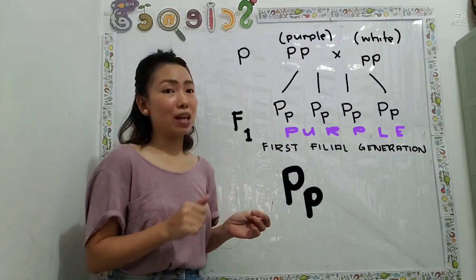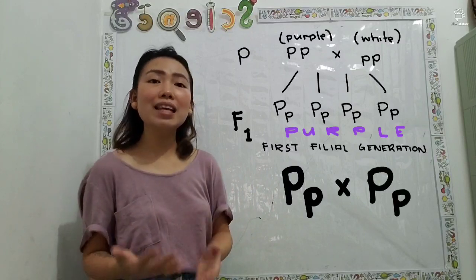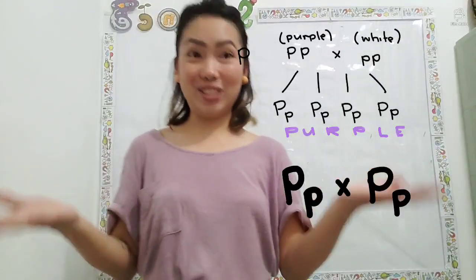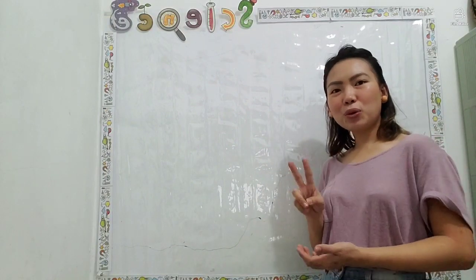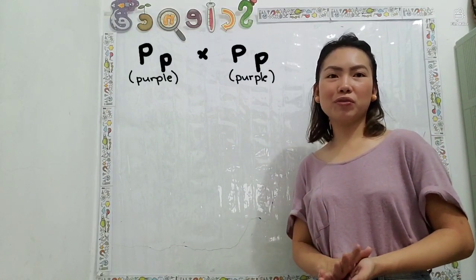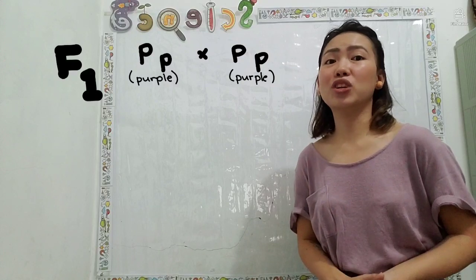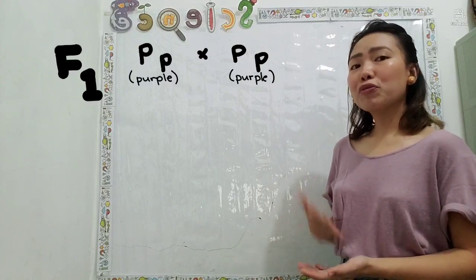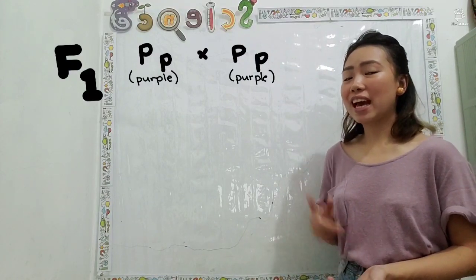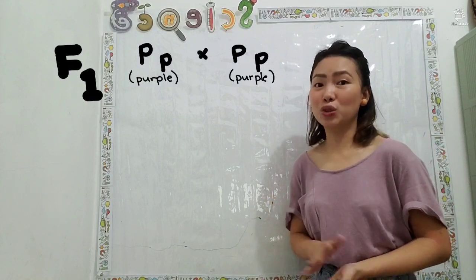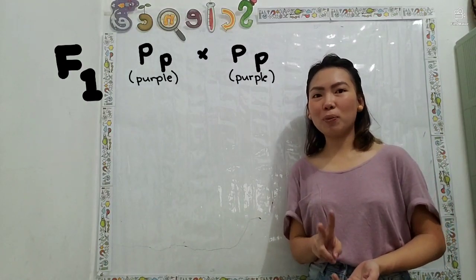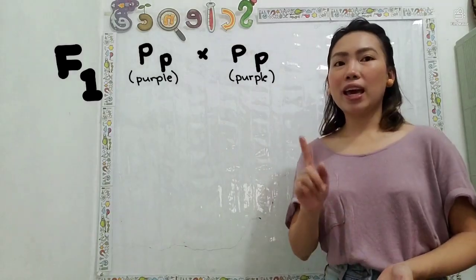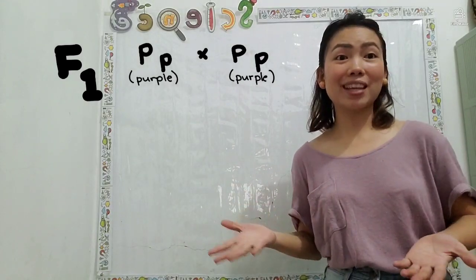We cross it itself with another purple flower, and let's see what would be the result. Okay, so let us now cross the two purple flowers of the first filial generation. Since our first filial generation produced a heterozygous dominant, so we will crossbreed a two heterozygous dominant purple flower, and let's see what would be the result.